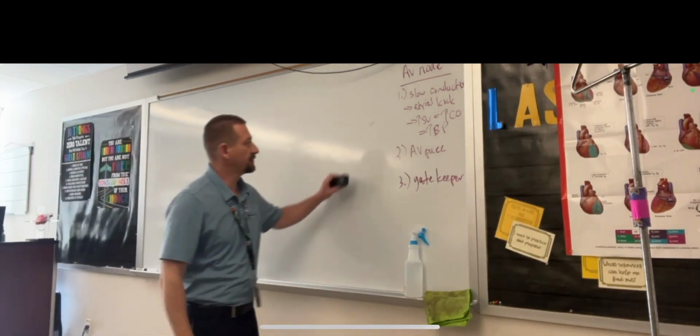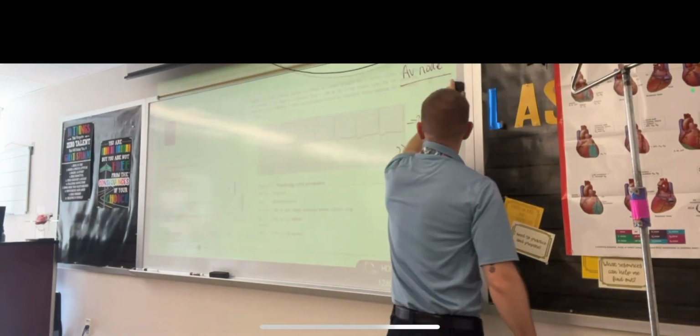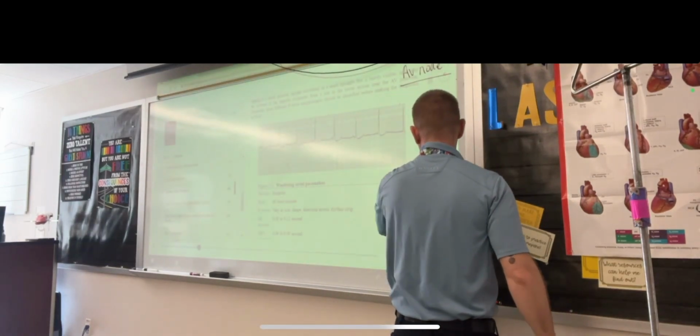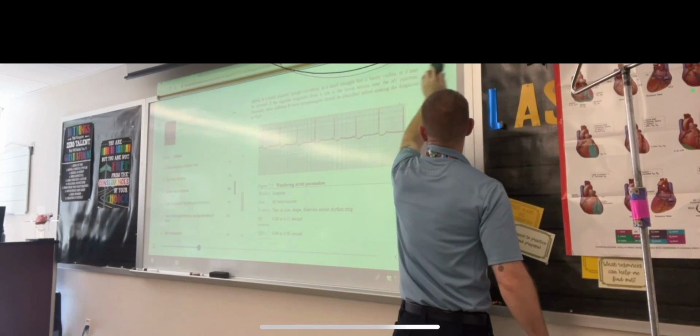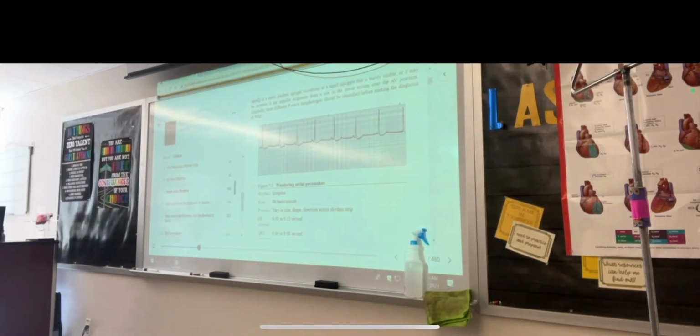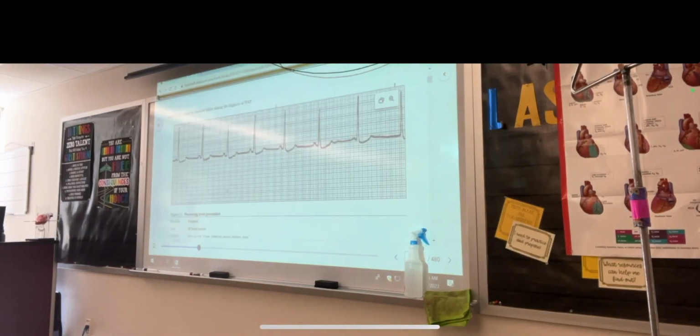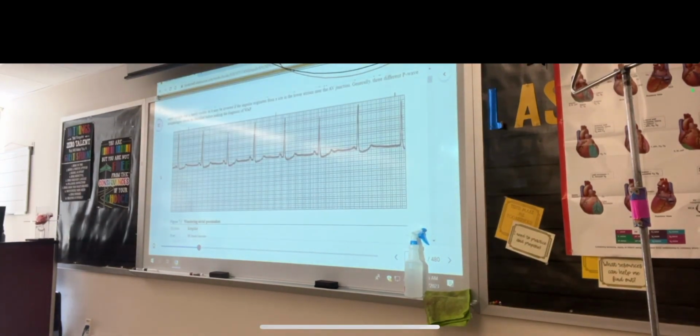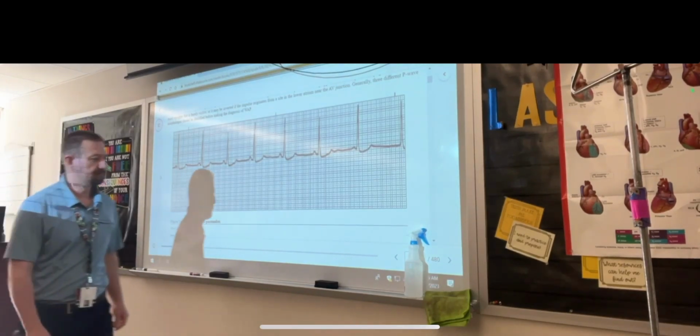I'll come back to the AV node. And we'll talk about treatment as we go through them. All right, and this is the 8th edition, but the chapter's number is the same, just page numbers are different.